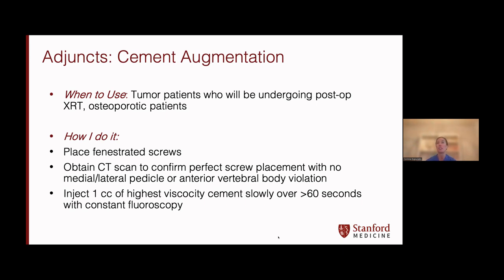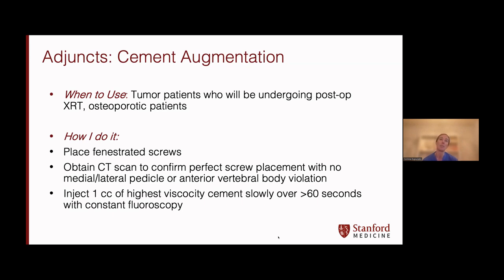And the reason for this is obviously, especially in our metastatic tumor population, these patients are oftentimes immobile, they have cancer, they're much more prone to pulmonary emboli, et cetera. And I have seen a case, in one of my patients, of a pulmonary cement embolus coming from the cement augmentation.